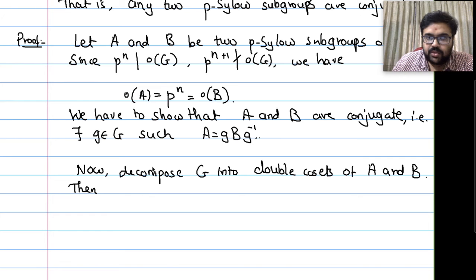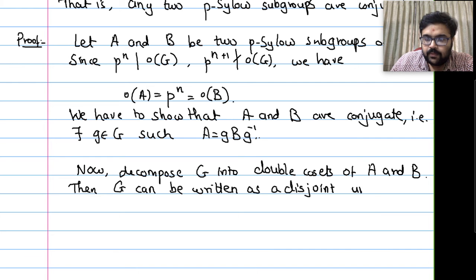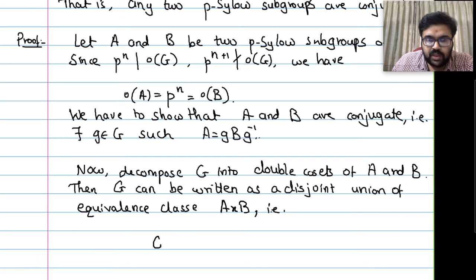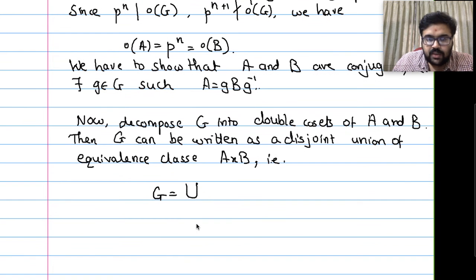So G can be written as the disjoint union of the classes AxB.